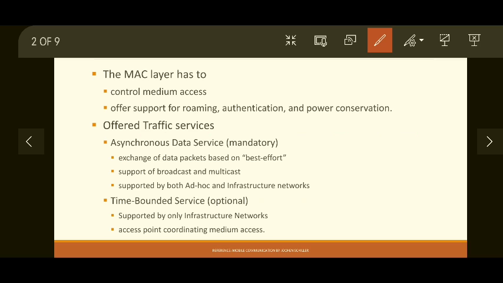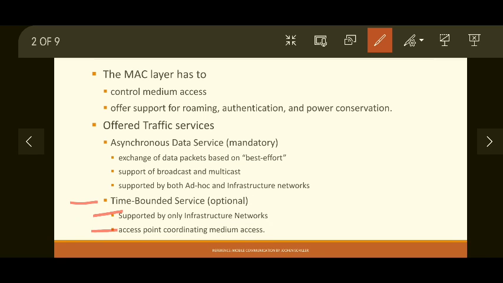Then time bounded services, this is an optional one, not a mandatory one. Time bounded services means services or communication that is restricted to time, like video streaming, audio streaming, where time is an important parameter of a communication. These are supported only by infrastructure networks, which is important to note.